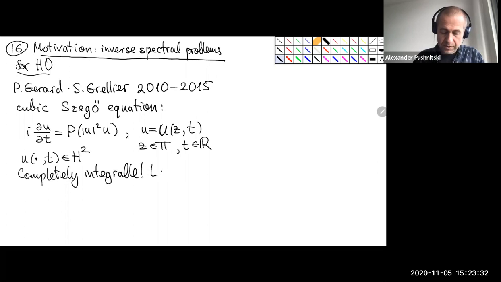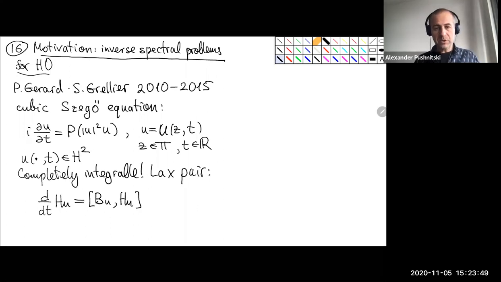And so they discovered the Lax pair for this. So this is the equation equivalent to the cubic Szegő equation. Here H_u is our friend, a Hankel operator with the symbol u, and B_u is some certain auxiliary skew self-adjoint operator.